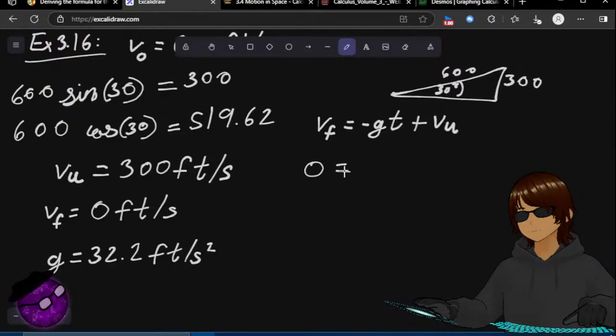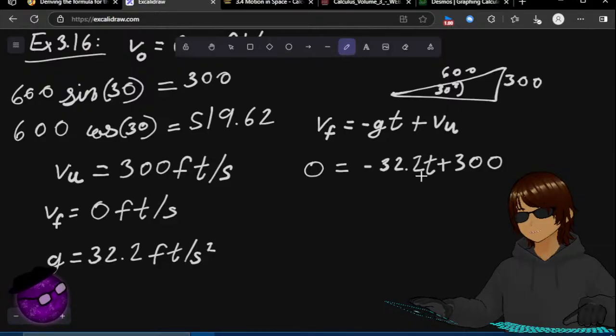So 0 T, and then this is a velocity, right?